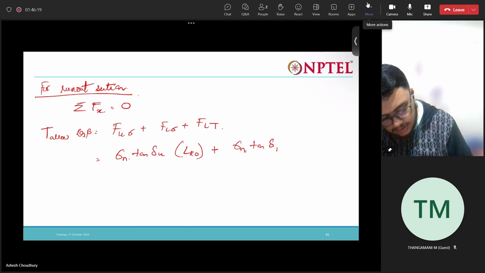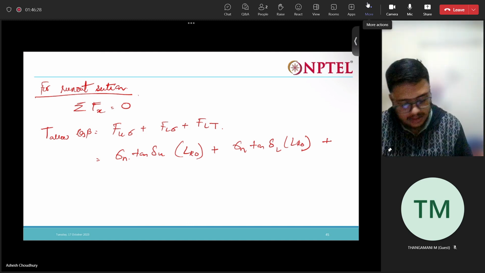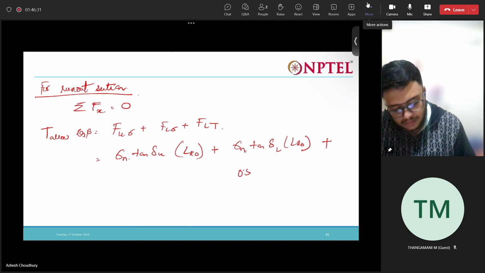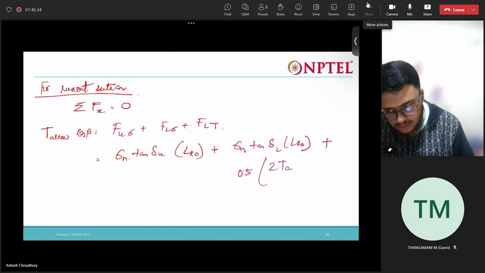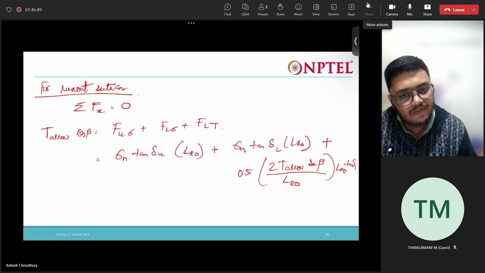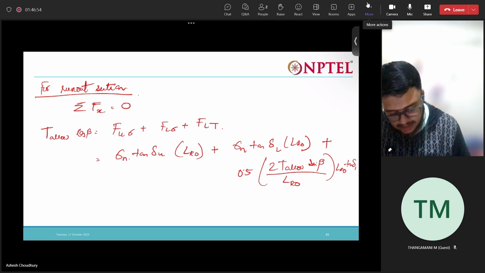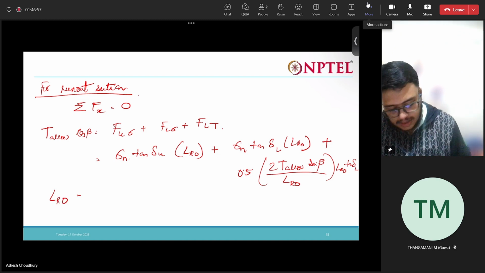Lower, L R naught plus this L T is due to the vertical component of the tensile force. Similar to the previous case of thickness, so I won't write all these things directly. I won't give the definitions of all the terms because those are almost same.